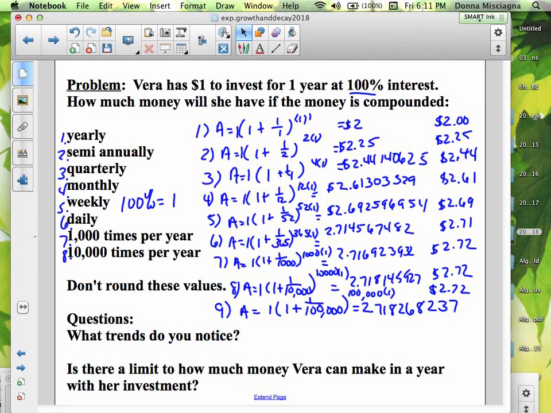All right, so some trends that you should notice. So first of all, it's not going up by very much after we get to 1,000 and 10,000 and 100,000.